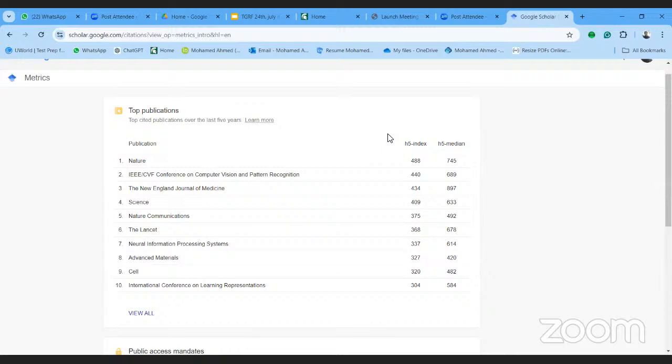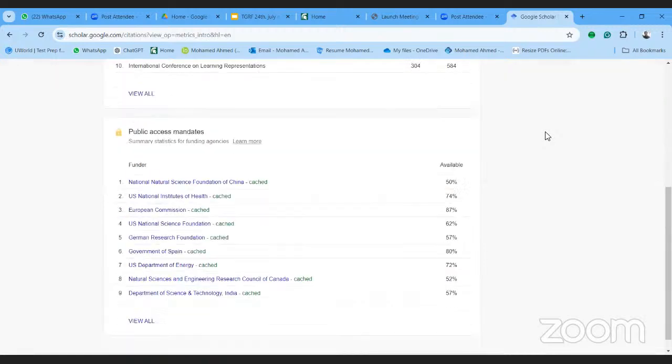The H5 index is a measure of how many citations the articles published in this journal have had in the last 5 years. Let's say, for example, this is Nature, a very famous journal. It has an H5 index of 488, which means that the articles published in the last 5 years have been cited at least 488 times.